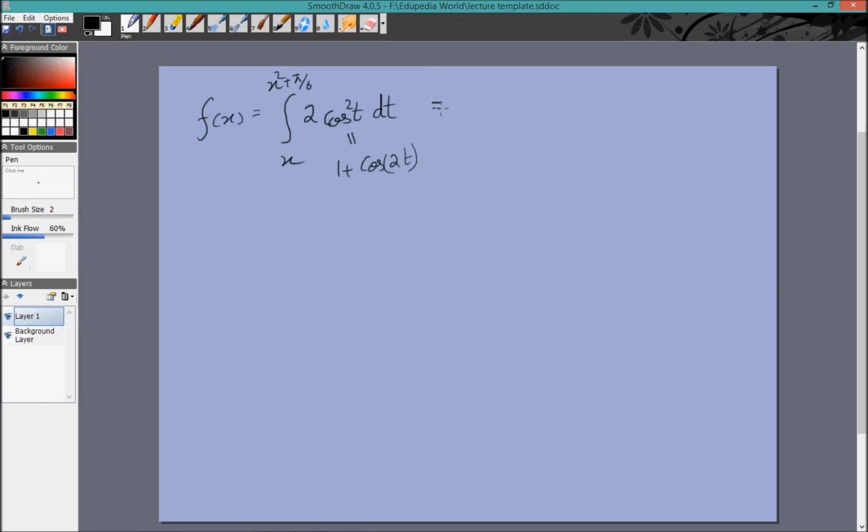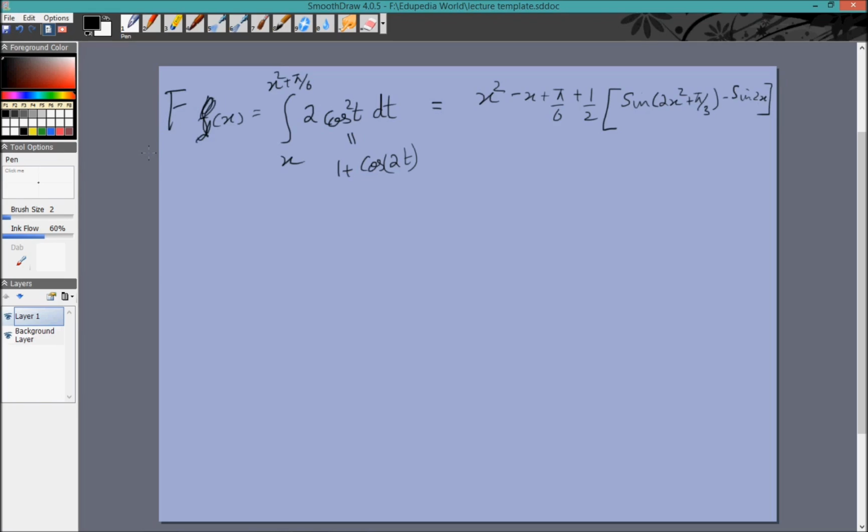So the net integral will become equal to x squared minus x, x squared minus x plus pi by 6, plus half because of that too, sine of 2x squared plus pi by 3 minus sine 2x. Right? I'm sorry, this is capital F of x, right?